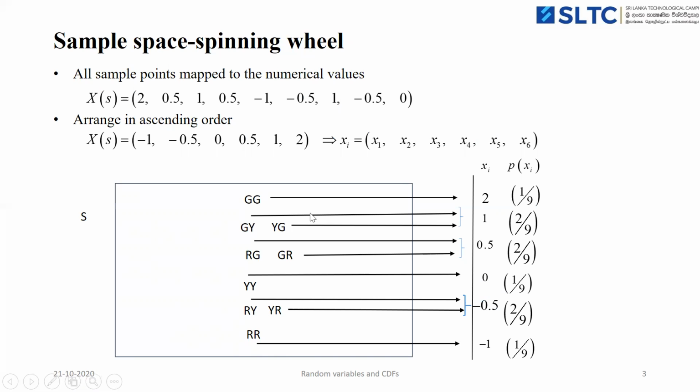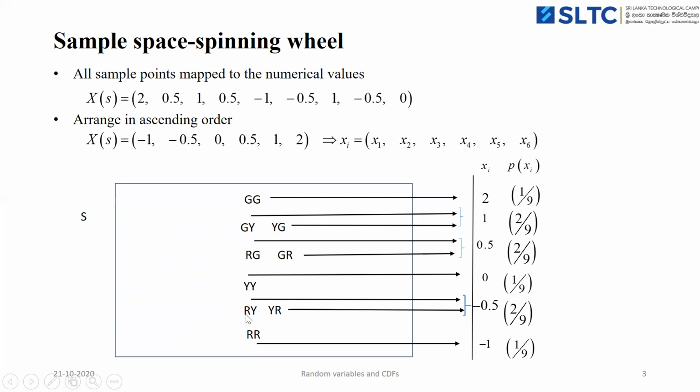You can see from this diagram. There is a sample space, and the real line xi, and then the frequency function p of xi. In the sample space, there are 9 possible outcomes present. The outcome RR is mapped to -1 on the real line.